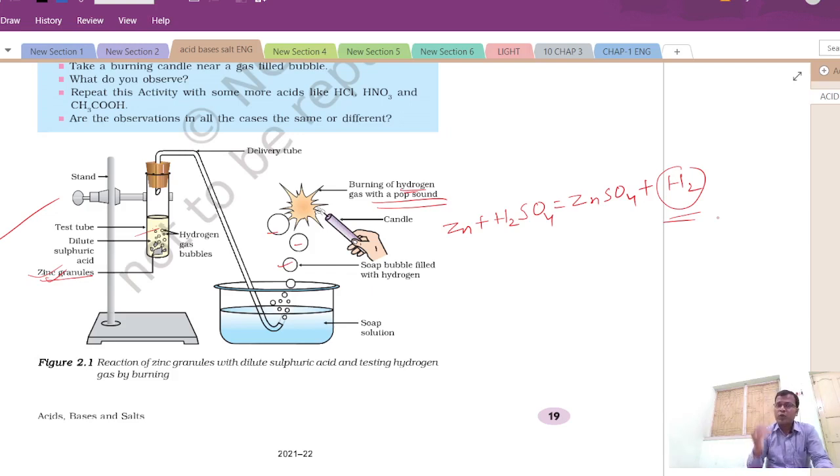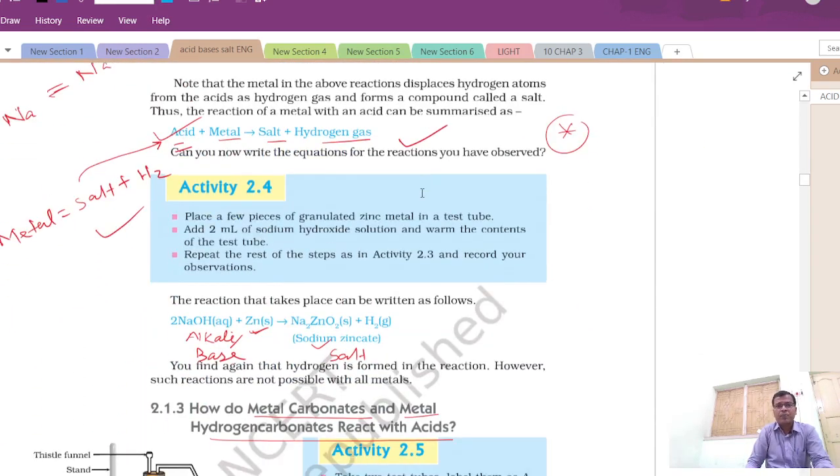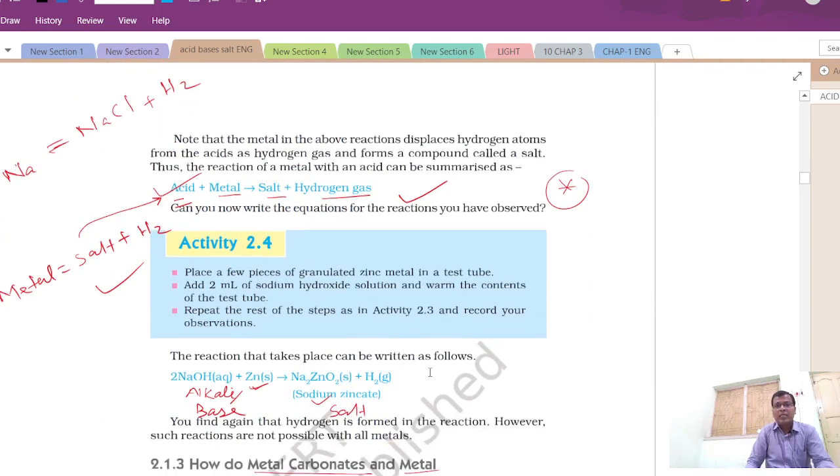There is an electrochemical series. The metal which is above hydrogen can only displace hydrogen from the acid. So you will learn more about it in your next chapter, metals and non-metals. When an acid reacts with a metal, then salt and hydrogen gas are formed. Similarly, when a base reacts with a metal, salt and hydrogen gas are formed.